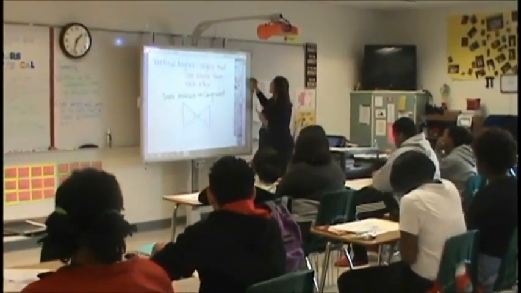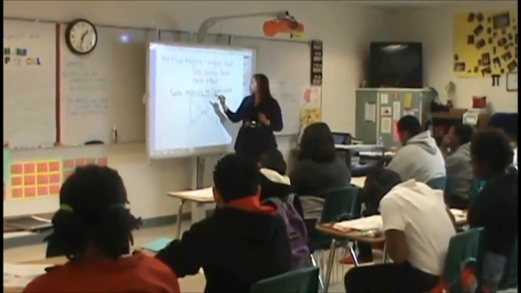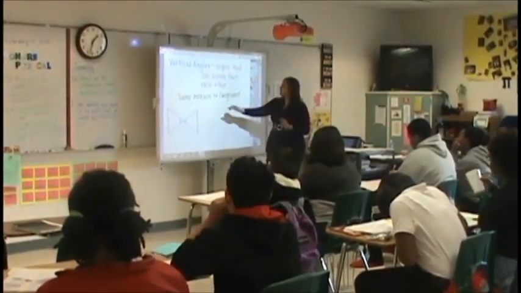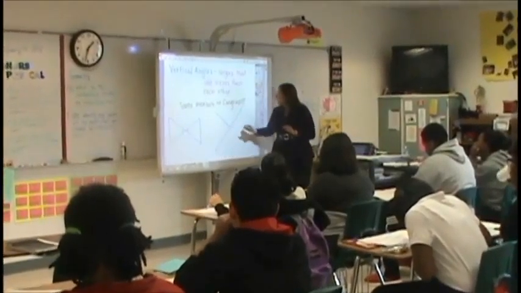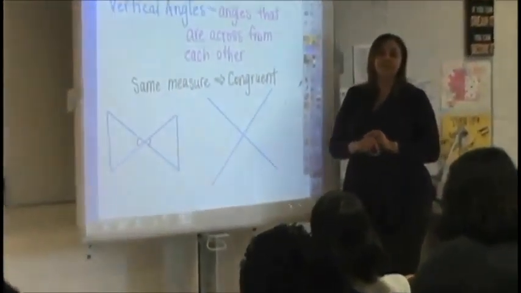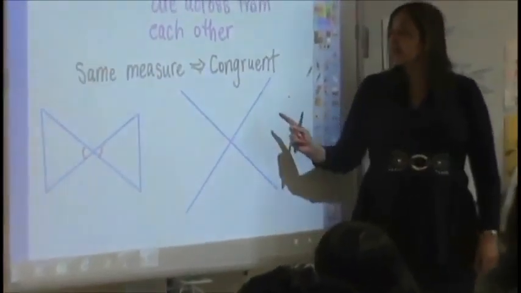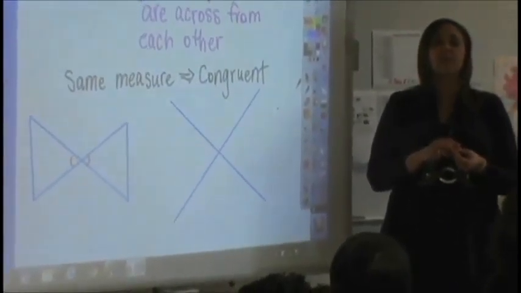So, Hector, look at this. Great example, but I could just have some lines like this that don't really close like these do. Okay? So if I have two intersecting lines, how many small angles did I create here? 4.